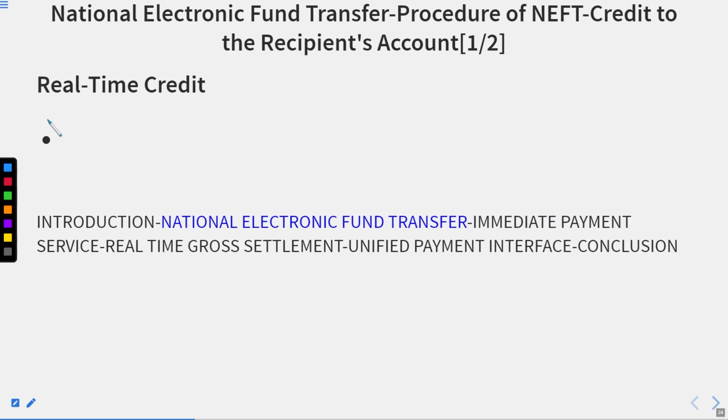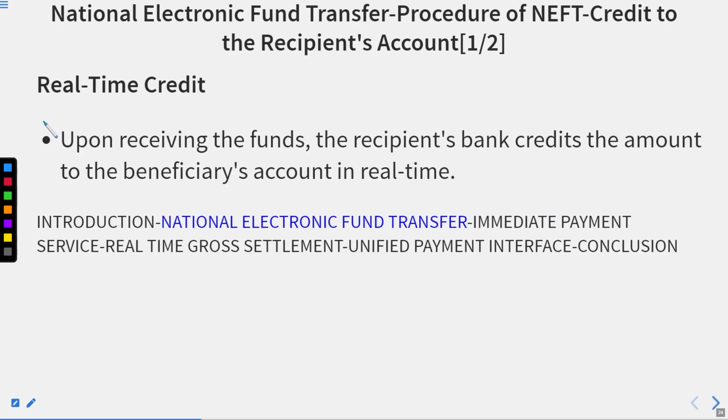Okay, thereafter the real-time credit. Upon receiving the funds, the recipient bank credits the amount to the beneficiary's account in real time. Okay, like when the sender bank initiates the process. Suppose right now you are sending me rupees 25,000.